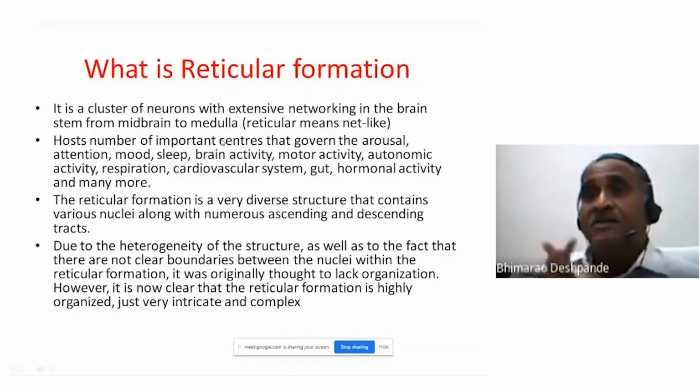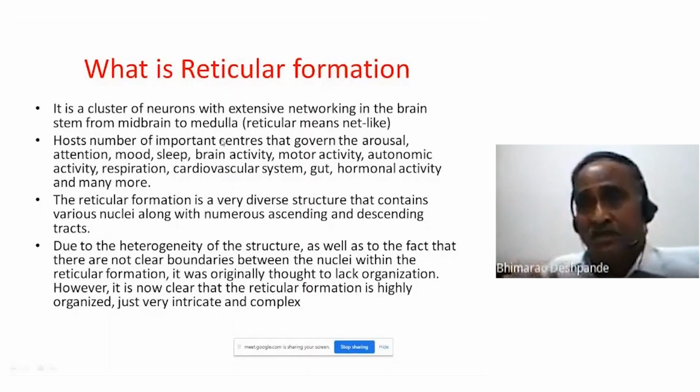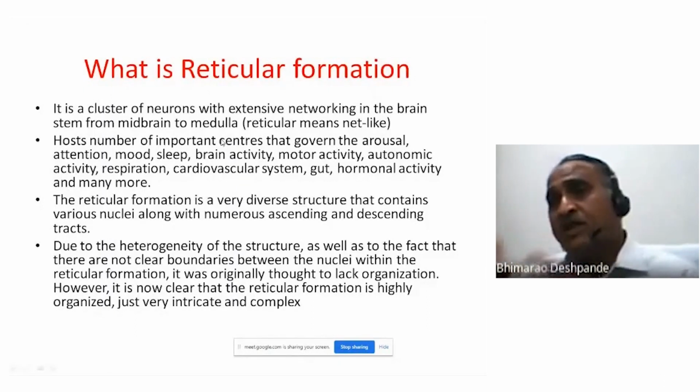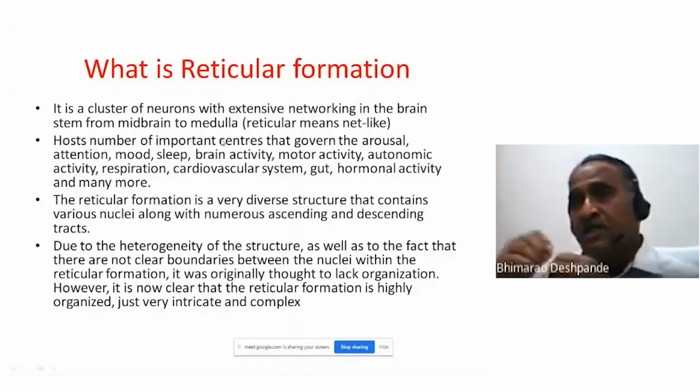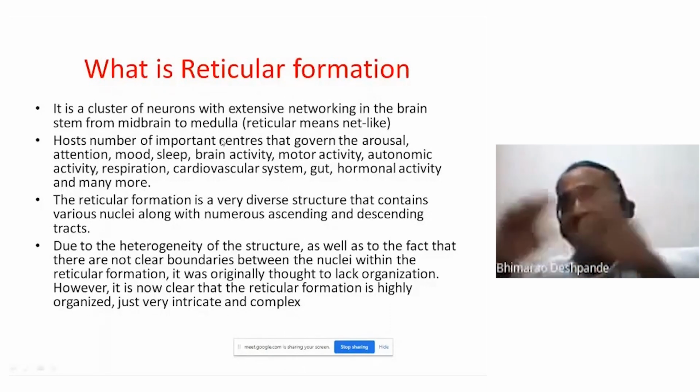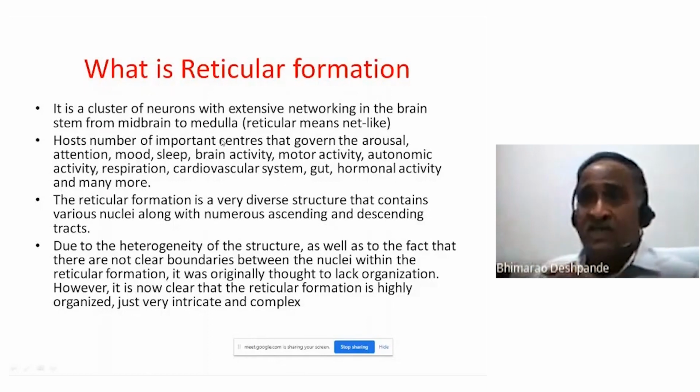And then besides this, the entire brain activity is governed by the reticular formation, because reticular formation sends impulses to the thalamus, then thalamus to the cortex. Reticulothalamic projections, they govern the brain activity, what we call EEG.